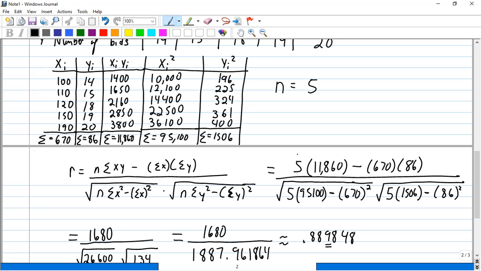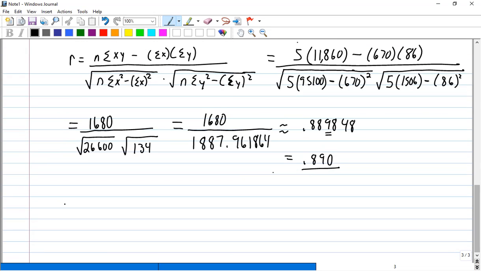But why would we want to figure out this value? That's the big question. Now this value of R, go back to your PowerPoint. There are some properties listed here, and this will hopefully explain why we calculate R. The value of R is always going to be between -1 and 1.